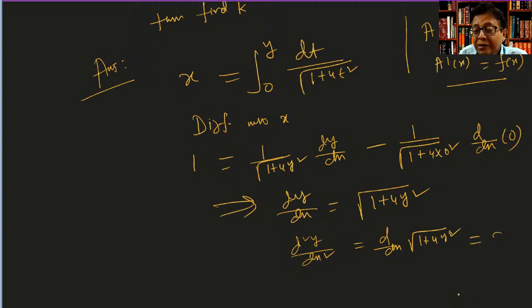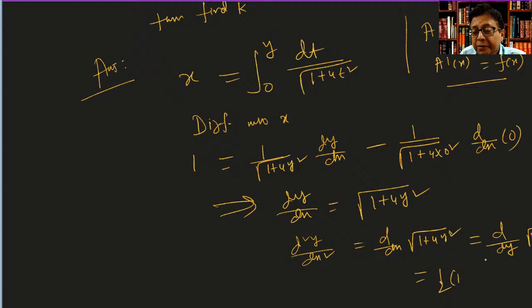This should be what? d by dy of 1 plus 4y square, this multiplied by dy by dx. Okay? It's alright. Just find the derivative of this thing.